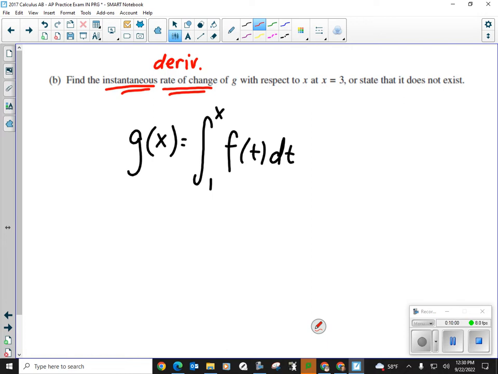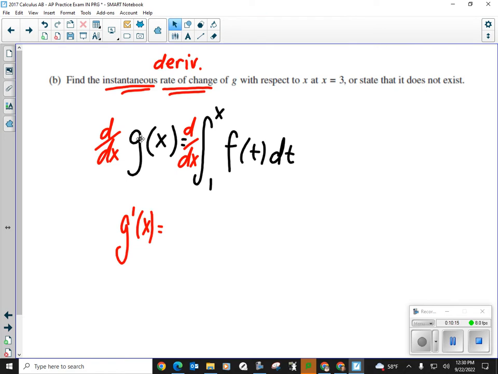So I'm going to take the derivative of g of x, okay? And I'm going to have to take the derivative of this integral. So g prime of x is, all right, I said when this first started that with this x here and this t here, I have a feeling we're going to have to take the derivative of it, and here we go. Derivative and integral cancels.